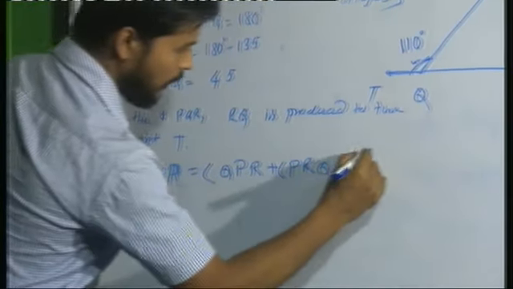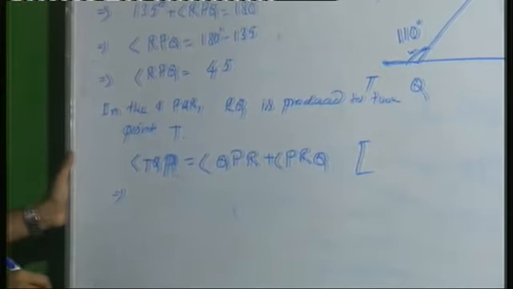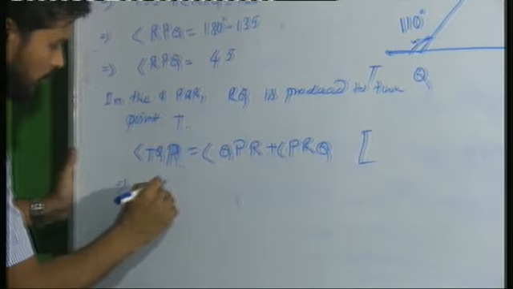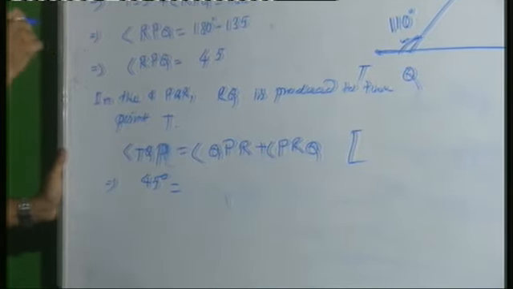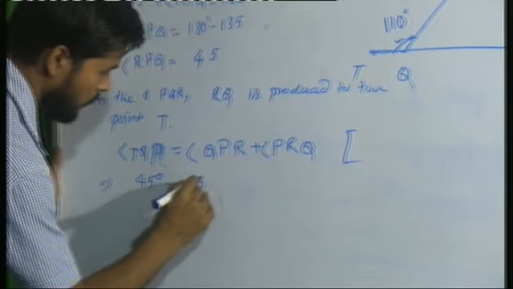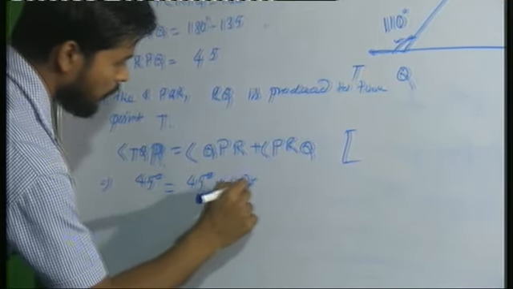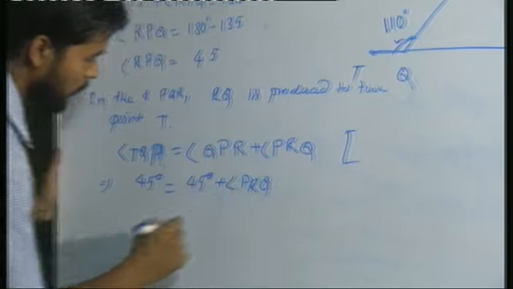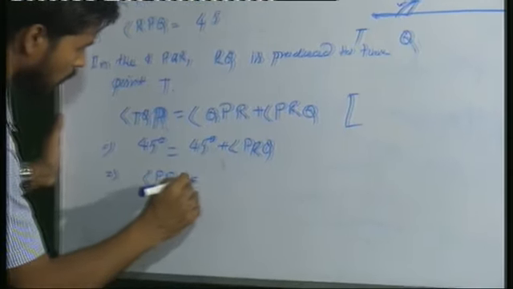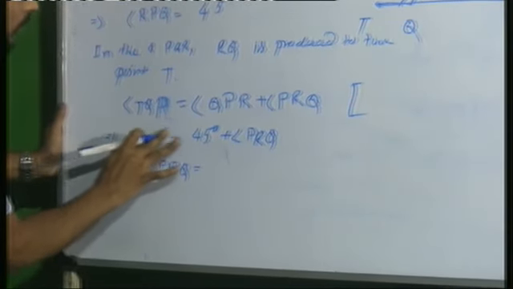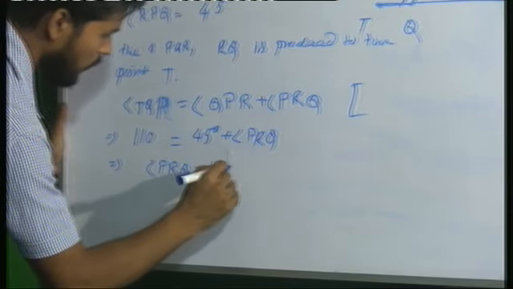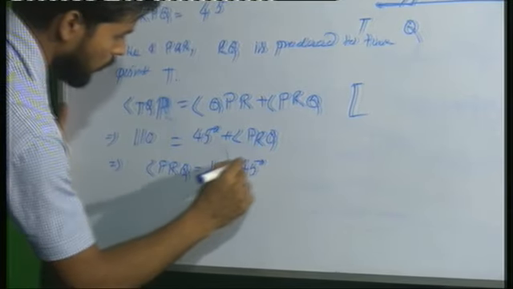Why? Because of the exterior angle property of a triangle. That means the value of angle TQP is 110 degrees, and the value of angle QPR is 45 degrees, so 110 equals 45 degrees plus angle PRQ. That means the value of angle PRQ is equal to 110 minus 45 degrees.